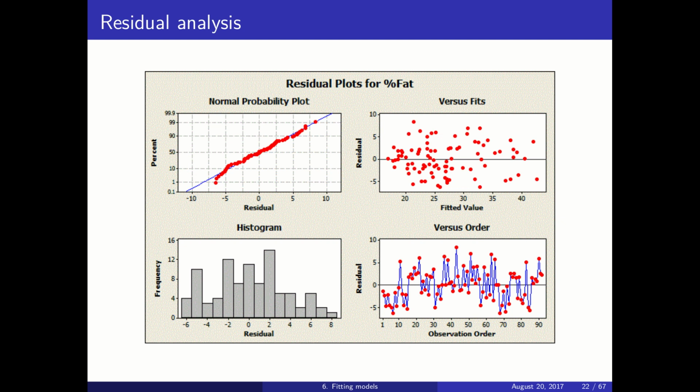The residuals should fulfill a number of assumptions. We will see them more formally in the next slide. But one of the assumptions is that residuals are normal. So if you do a normality probability plot like this one, all the residuals should lie along the identity line or some kind of line.